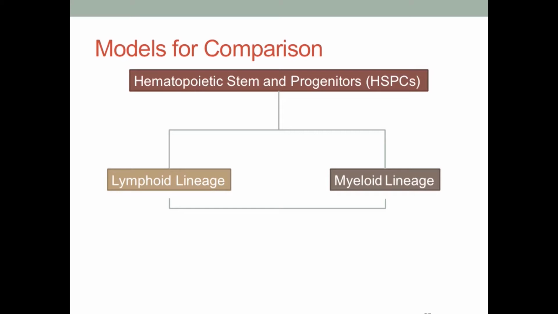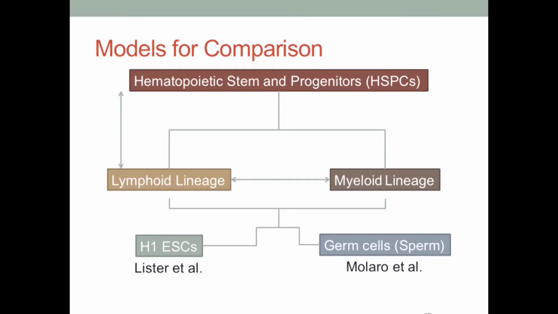We were also able to use other data sets as an outside comparison. So we used the embryonic stem cells that were generated by Ryan Lister and Joe Ecker's group, back in 2009, and also germ cell data sets that we generated in the lab.